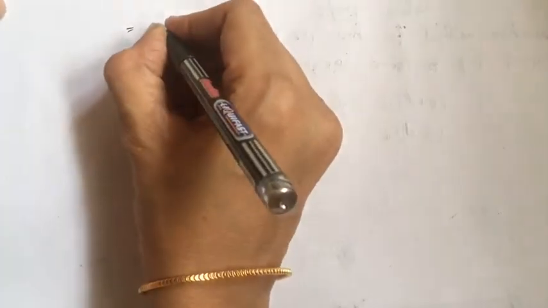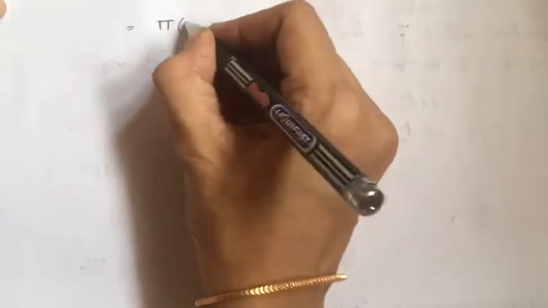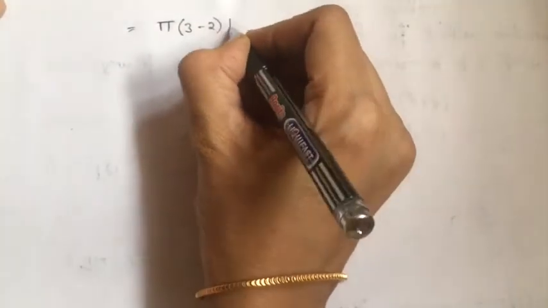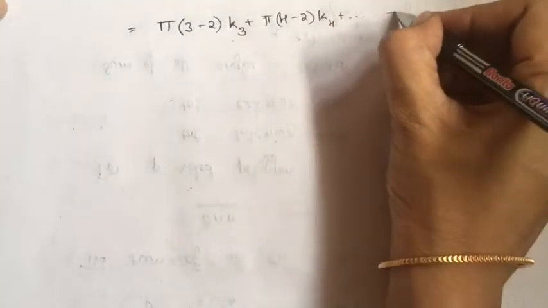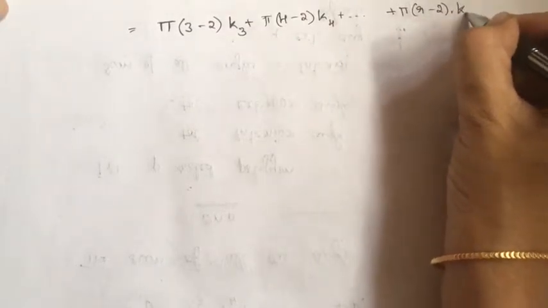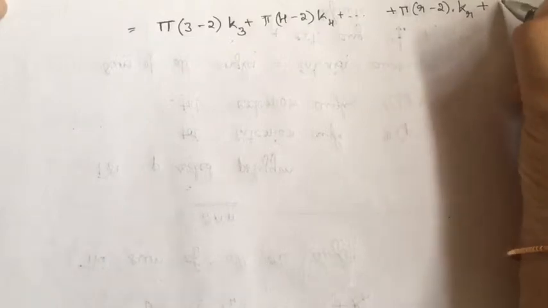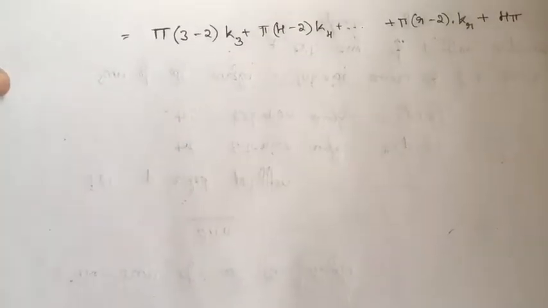That will be equal to pi into, for K3, a triangle, it is 3-sided, no? So the interior angle is 3 minus 2 into K3. Similarly for K4 it is 4 minus 2 into K4, like that, plus for R-sided polygon it is R minus 2 into KR, plus I'm taking 4 pi as the exterior angle for the infinite region.